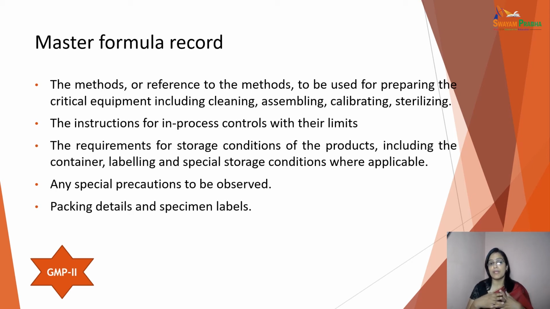Any special precautions to be observed must also be mentioned in the master formula, as well as packaging details and their specimen label. Specimen label means a standard label, and each label should follow the description mentioned in the specimen label.